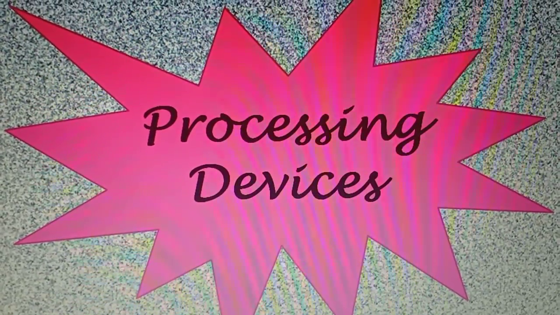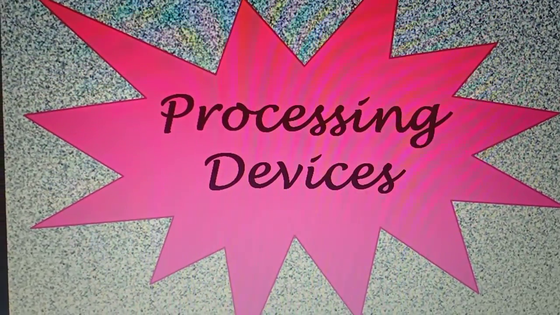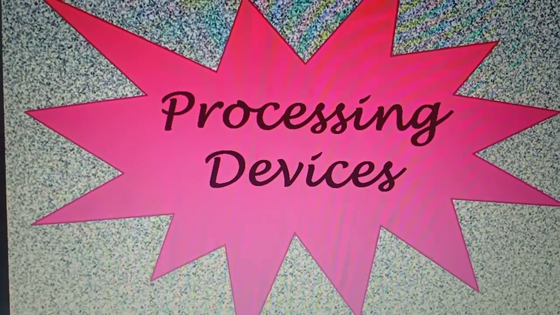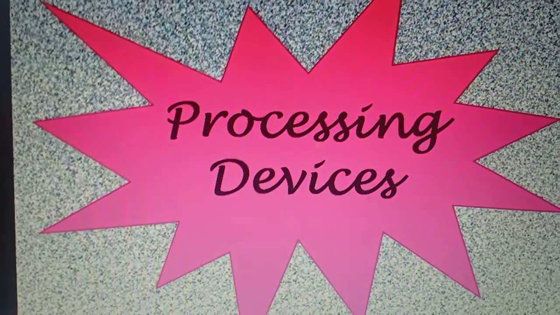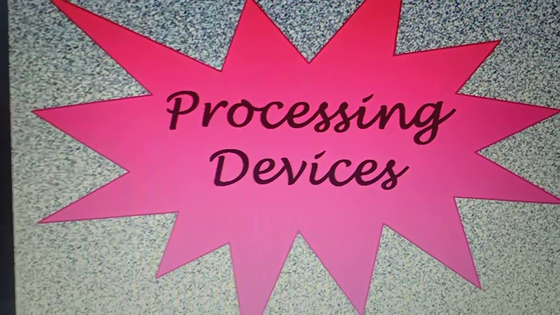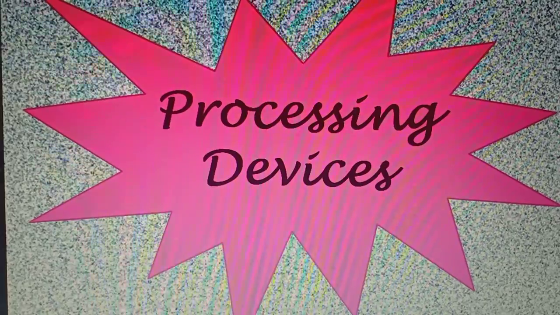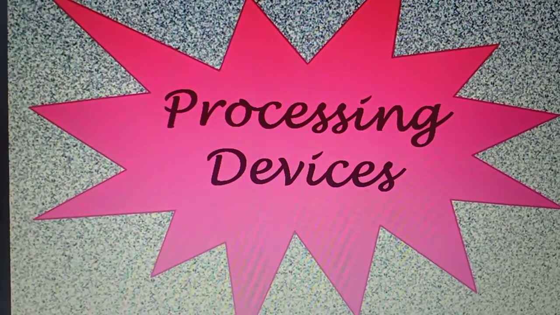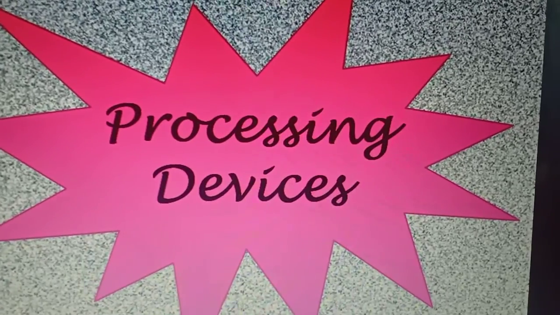So for this processing, a very important device is used to process the data into the information, means it turns into the result that we are getting by using the output device. There is a single processing device used inside the computer that plays the main role in the computer.